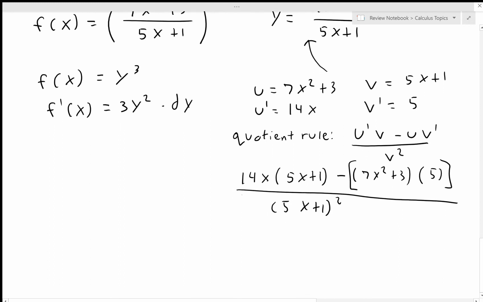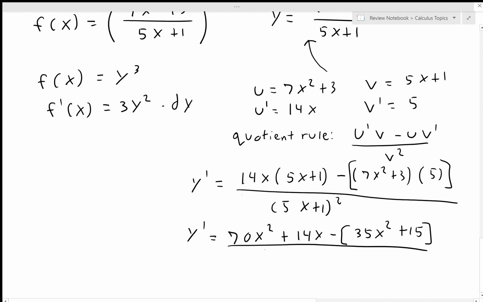So that we can even simplify. This is what y prime is. Y prime will simplify to 70x squared plus 14x minus this quantity of 7 times 5 is 35x squared plus 15, over the same denominator.